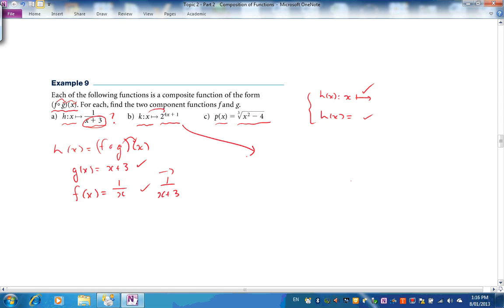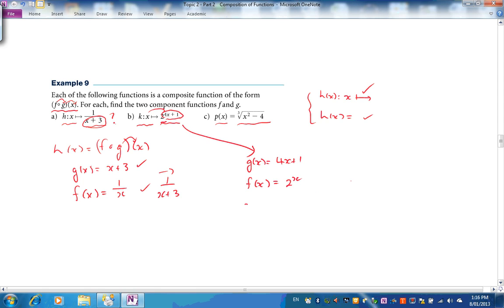Let's have a look at this one here. Are there 2 functions? Well, I think you can see that 2 was raised to the 4x plus 1. So the first thing you had to do was to find 4x plus 1 value and then stick it in place of x in the function f of x equals 2 to the x.